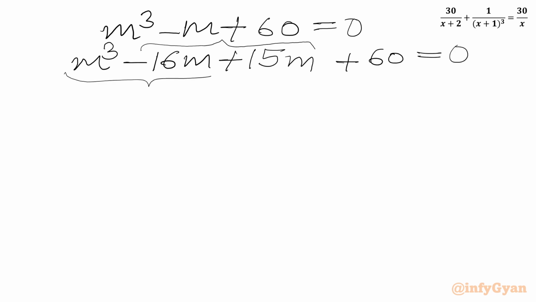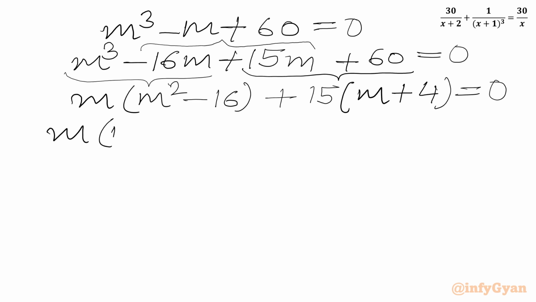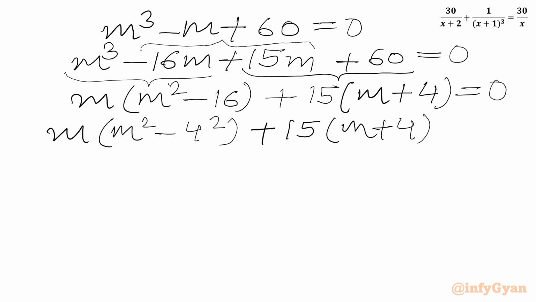Now from first two terms m is common. In bracket we'll write m square minus 16. From last two terms we can take 15 common out. So in the bracket we'll get m plus 4. Or we can write m times (m square minus 4 square) plus 15 times (m plus 4) equal to 0.